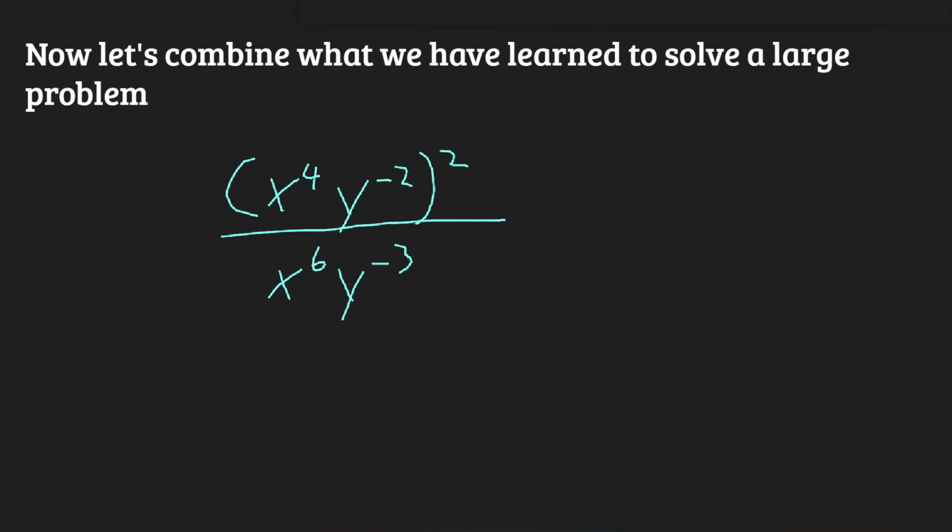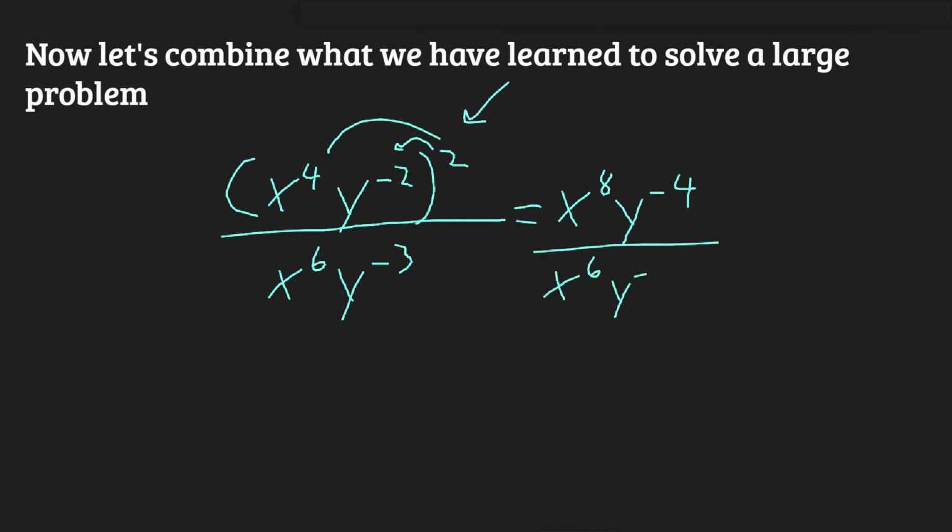So the first thing I'm going to do here is I'm going to simplify this. I'm going to distribute that 2. So this is going to be equal to x to the 4 times 2, right? So x to the 8, and then times y to the negative 2 times 2, so y to the negative 4. And this is all going to be divided by x to the 6 times y to the negative 3.